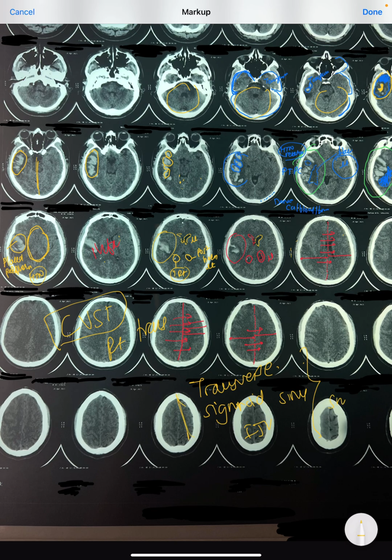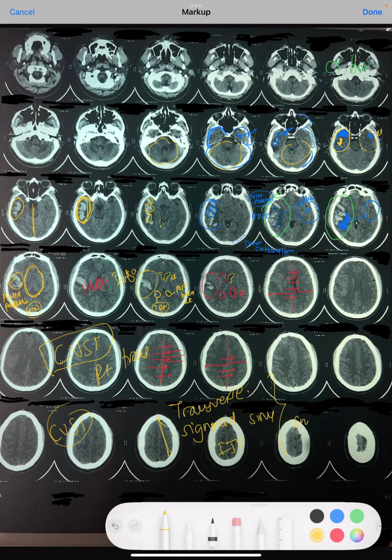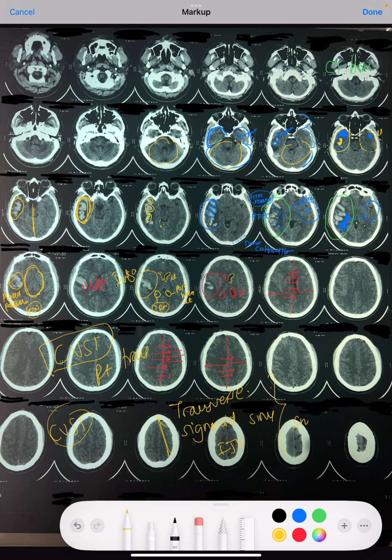So this is a very typical example of CVST. CVST looks almost always like this. Any patient who has infarct plus this patchy bleed, especially involving the cortical part, is almost always cortical venous sinus thrombosis. The treatment is pretty straightforward.